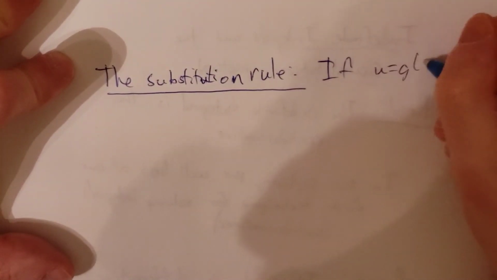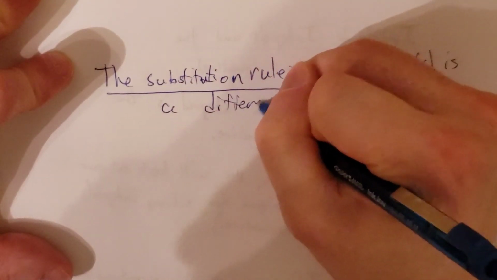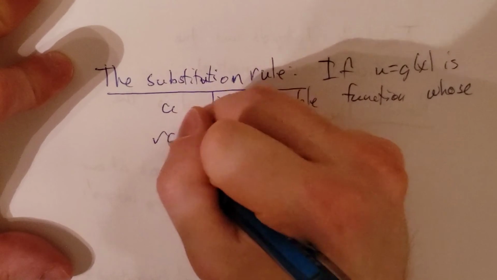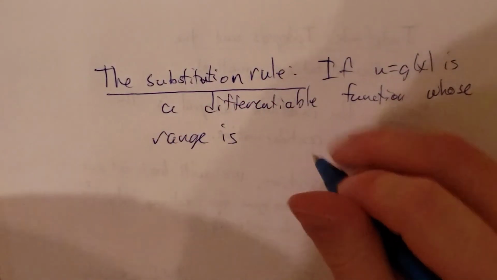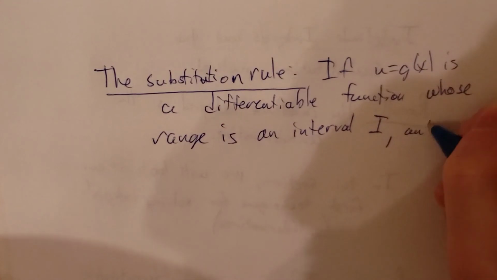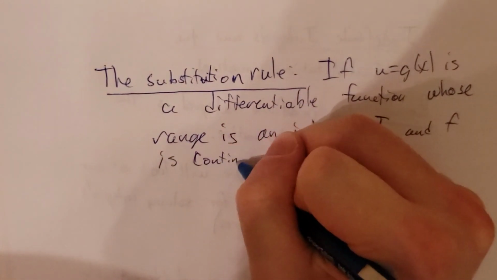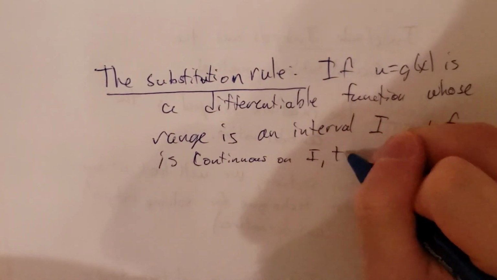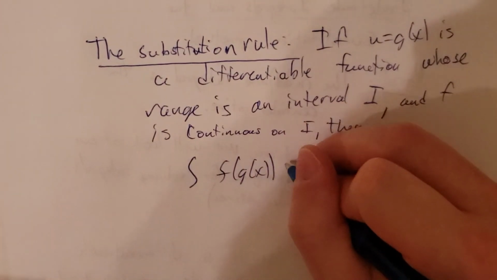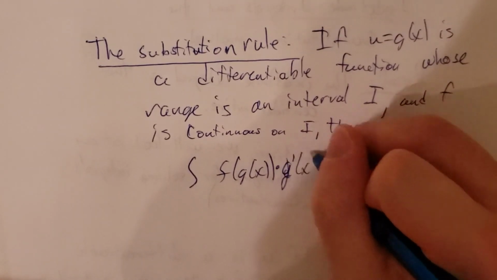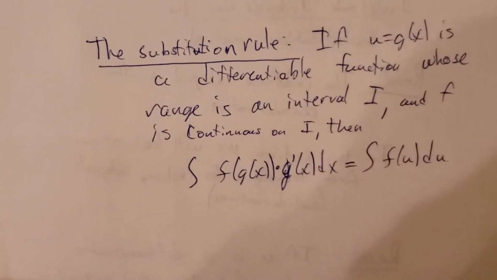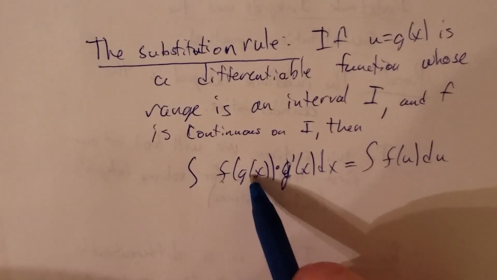If u equal to g of x is a differentiable function whose range is some interval I, and f is continuous on I, then the integral of f of g of x times g prime of x dx is just the integral of f of u du, right? This is f of u, since u is g of x.